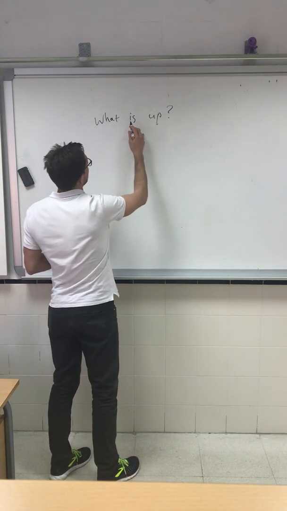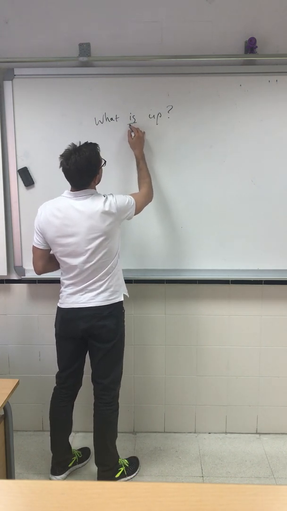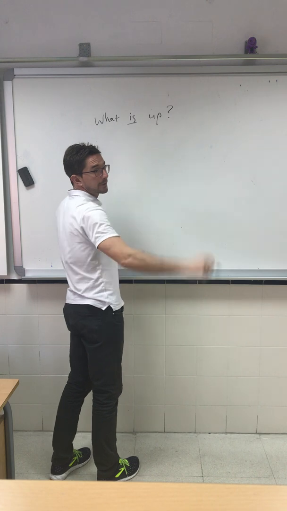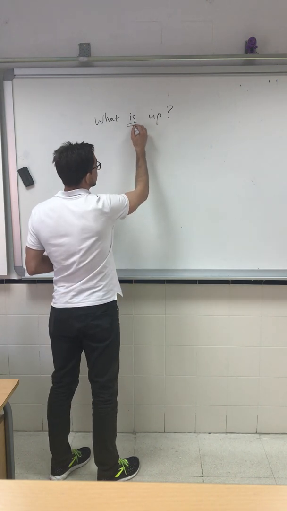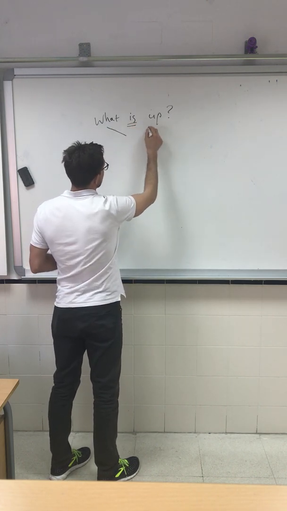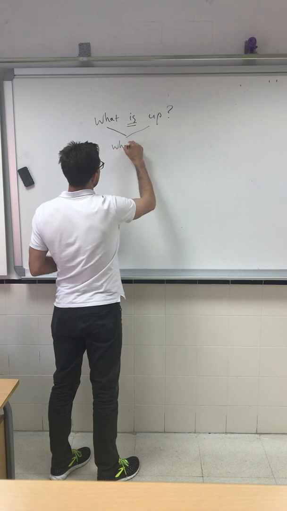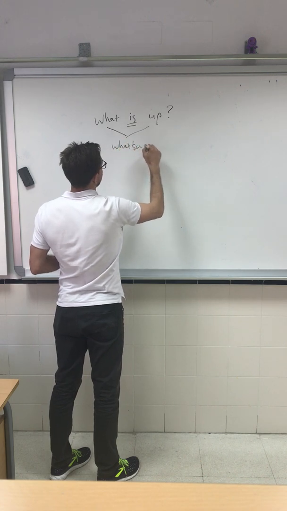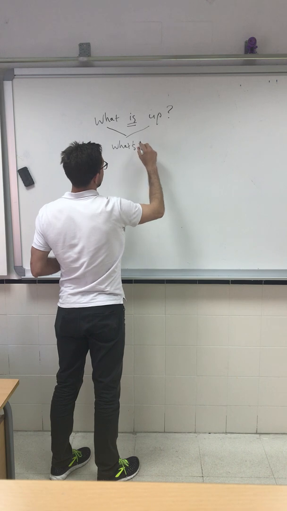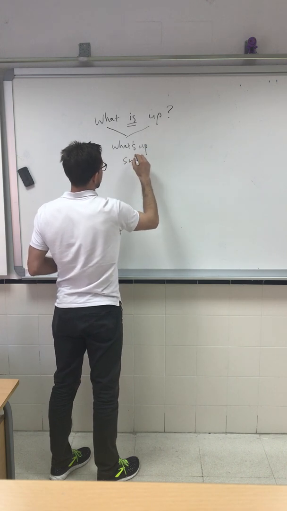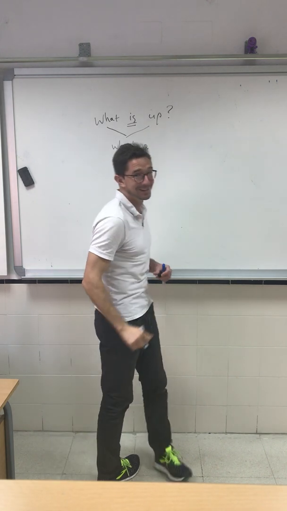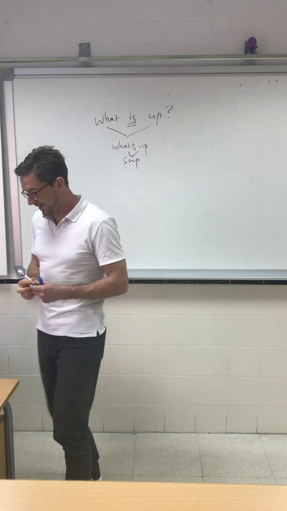Well, of course we know non-content words tend to get dropped or reduced to the maximum. So this can become a what's up? It's almost just blended right together, or even in some circles as just a sup. Very reduced. Okay.